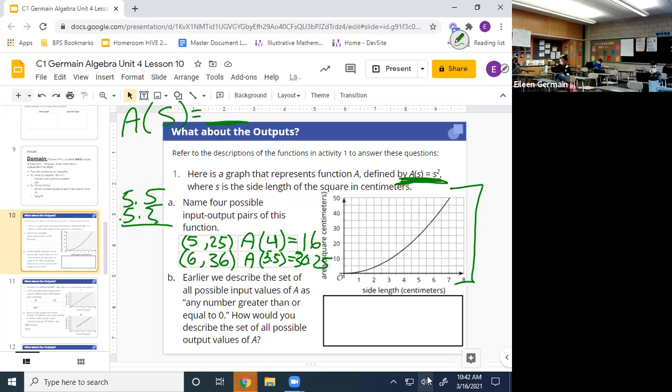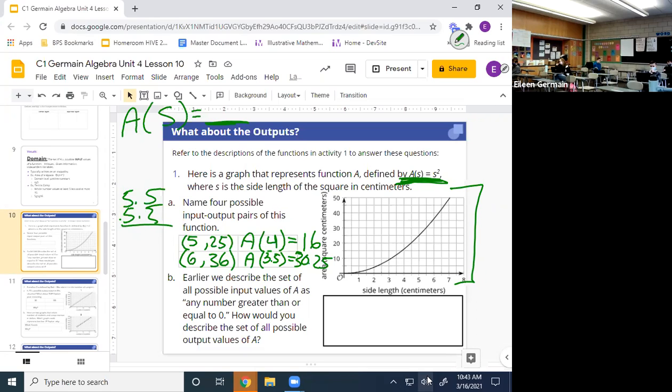Good. So earlier we described the set of all possible input values of A as any number greater than or equal to 0. For this scenario, you can always calculate the area of a shape, but the input needs to be greater than or equal to 0.